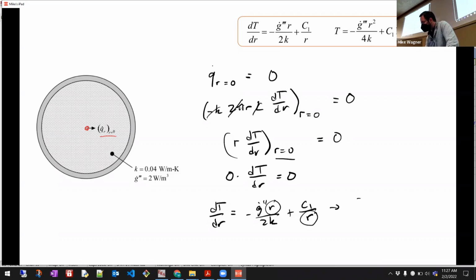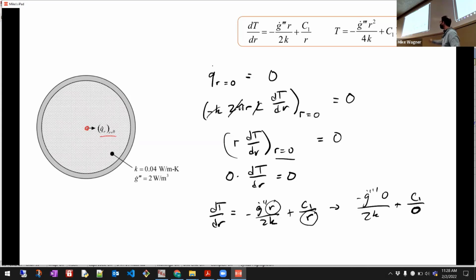We say minus g dot triple prime times 0 over 2k plus C1 over r is 0, and that's equal to dT/dr. This is the crucial part. This term goes away, and we're left with C1 over 0 is dT/dr.